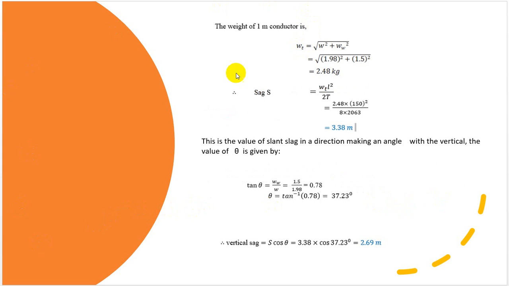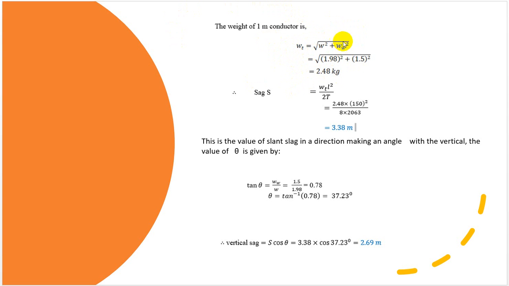Then the weight of 1 meter conductor is Wt equals root of W squared plus Ww squared. To find the weight of the conductor, I have to follow this basic rule and put the values of W and Ww.